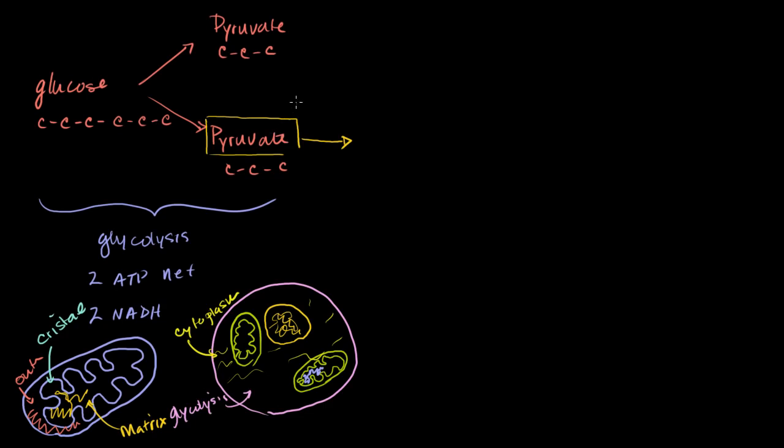We call that pyruvate oxidation. Essentially what it does is it cleaves one of these carbons off of the pyruvate, and you end up with a 2-carbon compound. You don't have just 2 carbons, but its backbone of carbons is just 2 carbons, called acetyl-CoA.